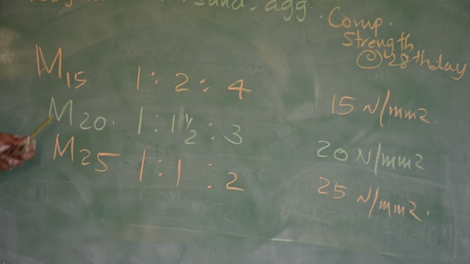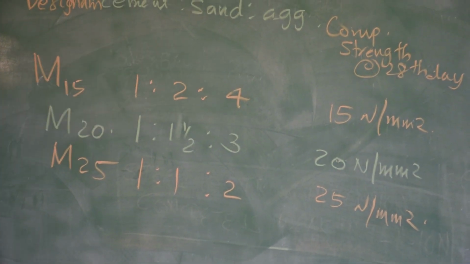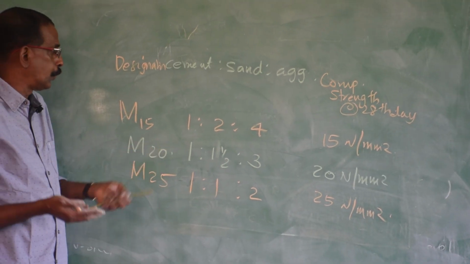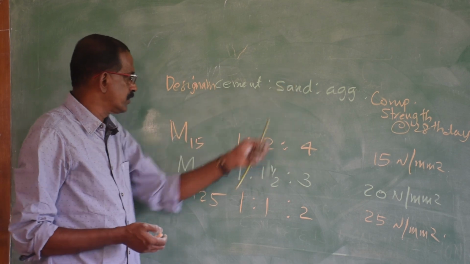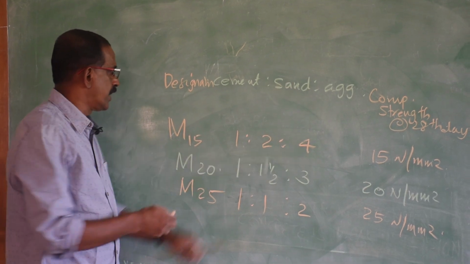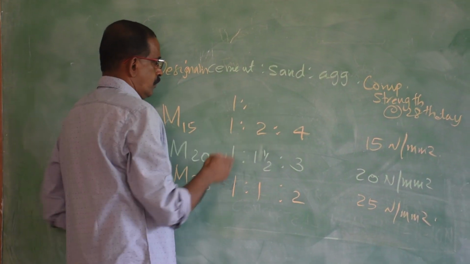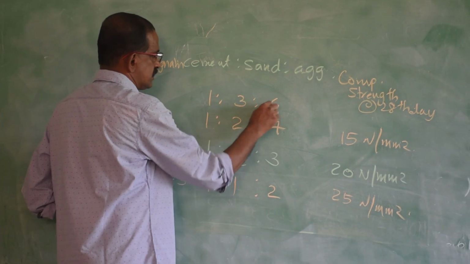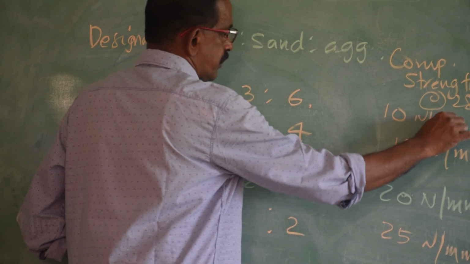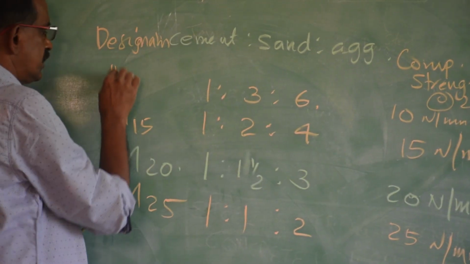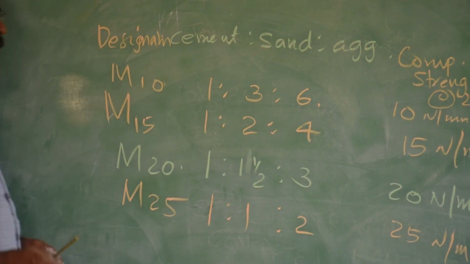In some cases we need not go up to high strength. If there is no weight or no load, you can save some cement. So how to reduce the strength? Increase sand, increase aggregate. Say 1:3:6. That concrete will give only 10 newtons per mm square compressive strength, and that concrete is called M10 concrete.